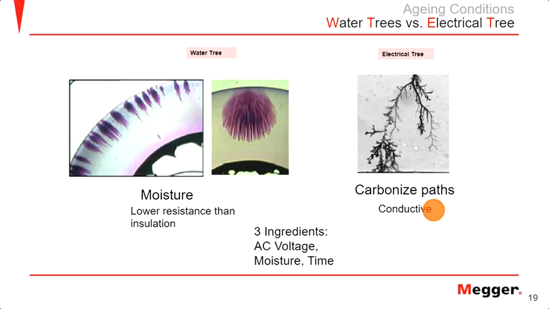And they are conductive, so obviously you have electrical current flowing through them, and that's how they progress over time. Electrical trees grow much more rapidly than a water tree. With an electrical tree you will have days or hours to catch it before it progresses into a fault, versus a water tree, where it is very likely that you will catch it in your maintenance cycle.